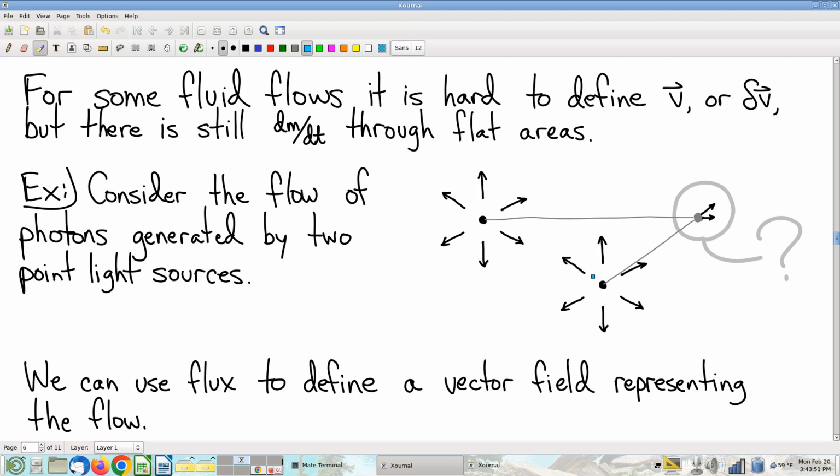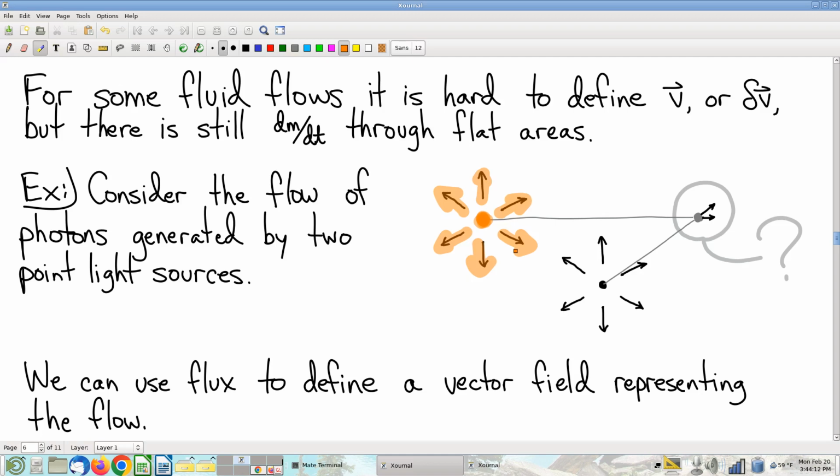My favorite example, photons generated by light bulbs. So, for example, here's a light bulb, and light bulbs shoot out a fluid called photons. Particles, of course, but you can think of a bunch of small particles as a fluid.